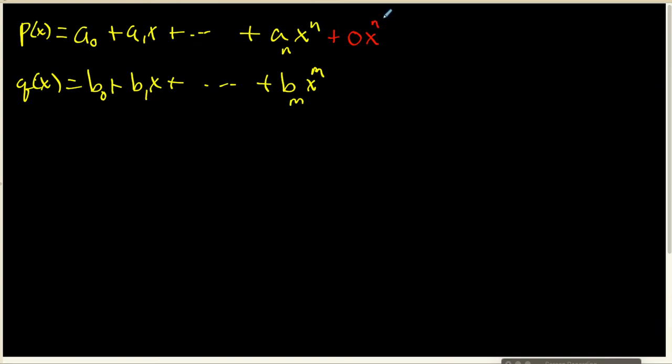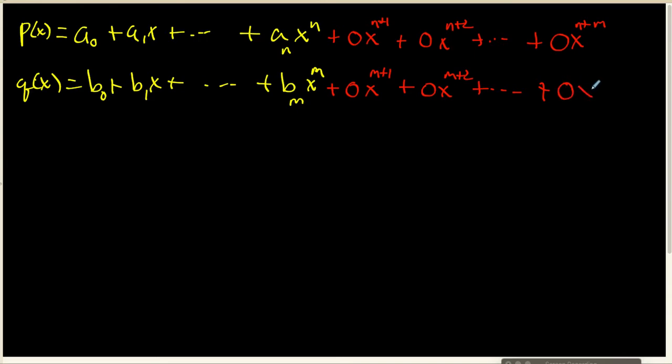And so this would be 0 times x to the n plus 1 plus 0 times x to the n plus 2, and this is going to go all the way out to 0 times x to the n plus m. And I am going to fatten this one up in the same way. So we have 0 times x to the m plus 1, 0 times x to the m plus 2, all the way up to 0 times x to the n plus m.